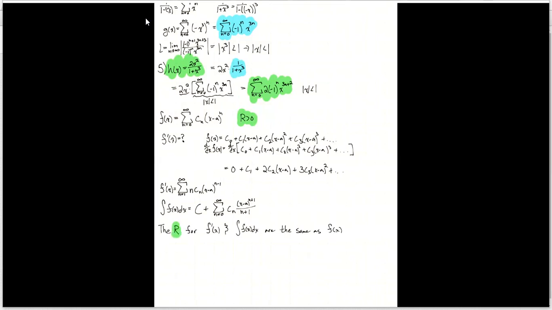So this r here is the same r for the power series that we had for f of x. So that's really helpful.